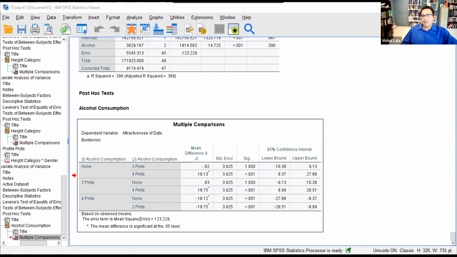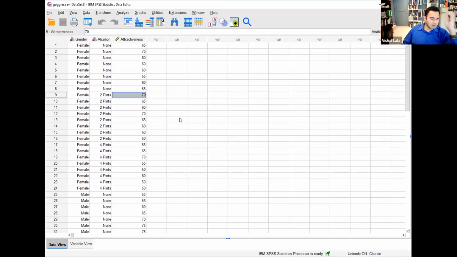So let's take a look at what happens when you account for another variable here. In this study, we had male and female participants. So what if you examined gender as a factor?